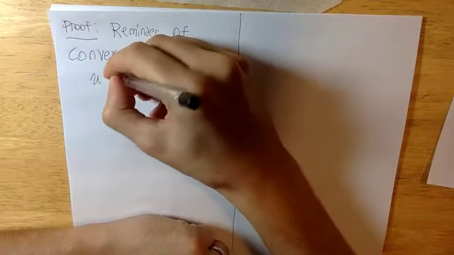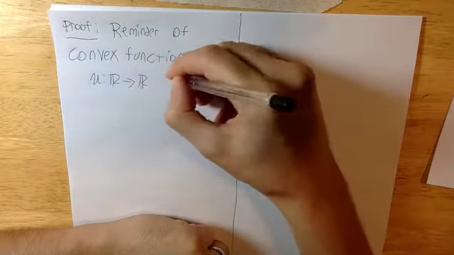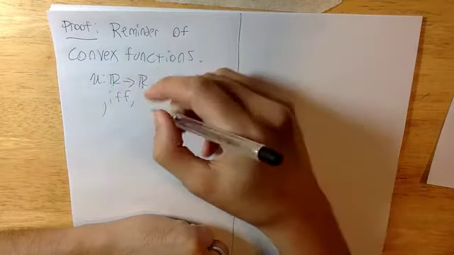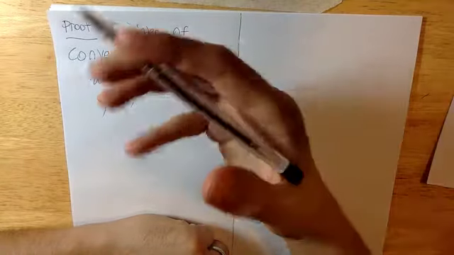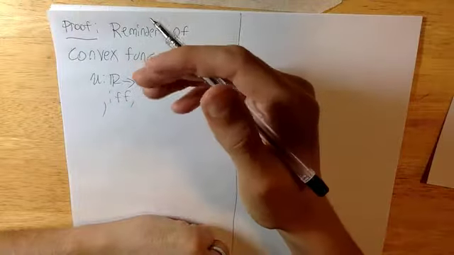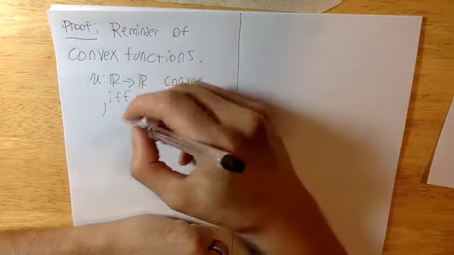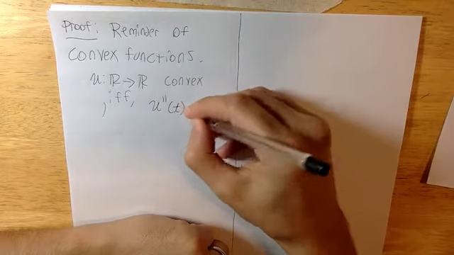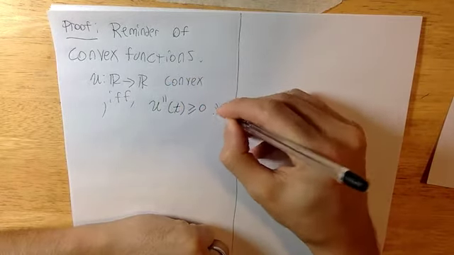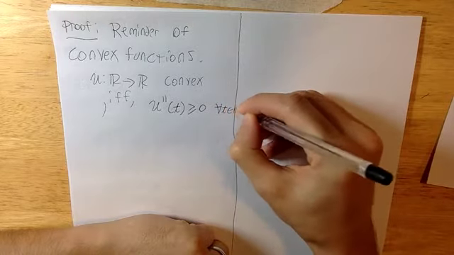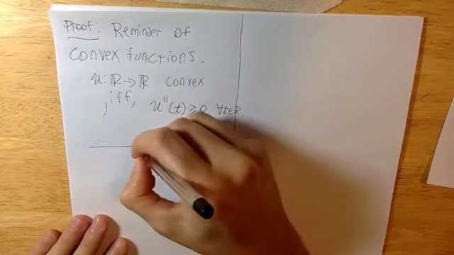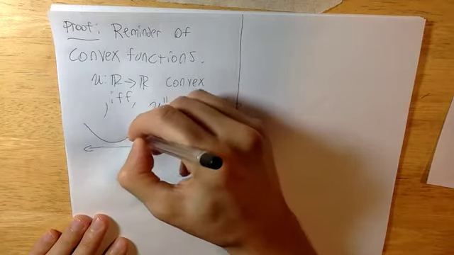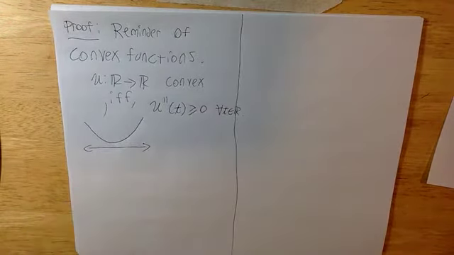U from R to R is convex if and only if, and so I'm going to assume that U is smooth, but usually convex functions are regular, and you can actually get, if the second derivative U second of t is bigger or equal to 0 for every t in R. So basically a convex function looks something like this.